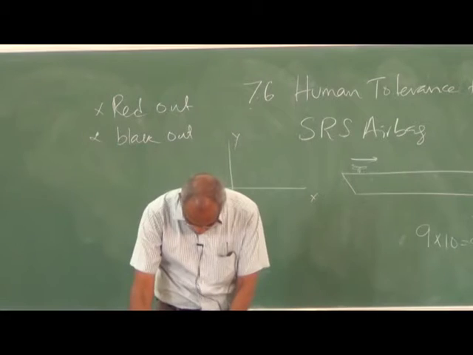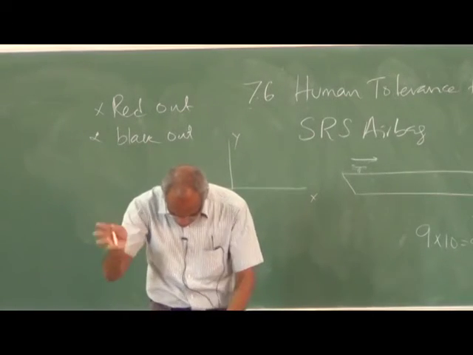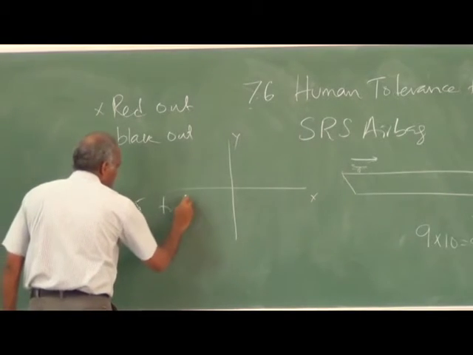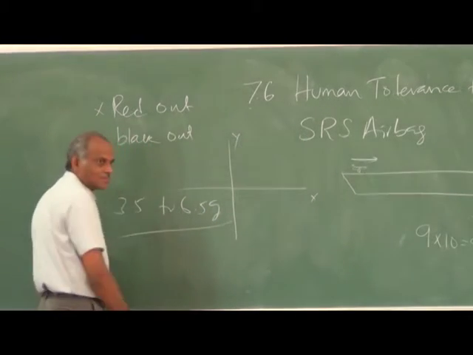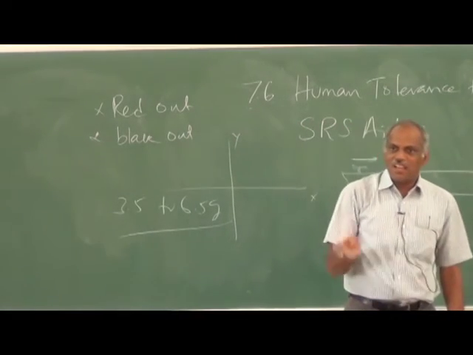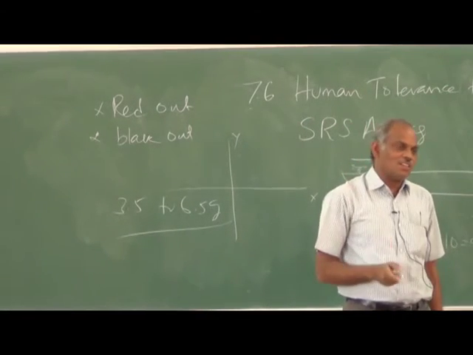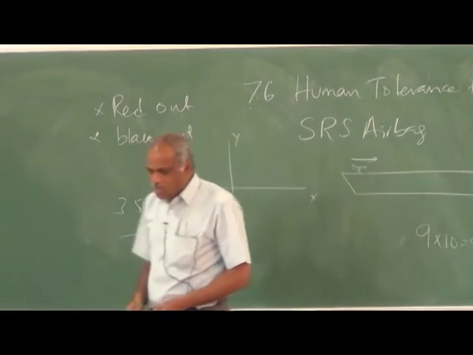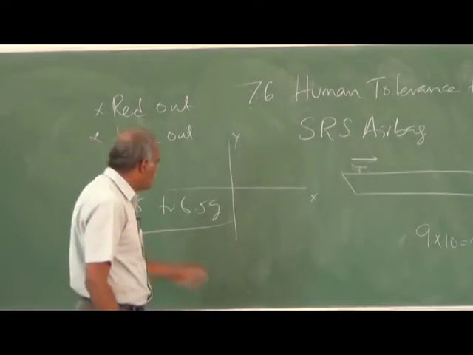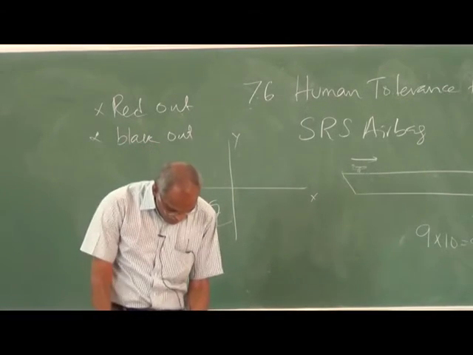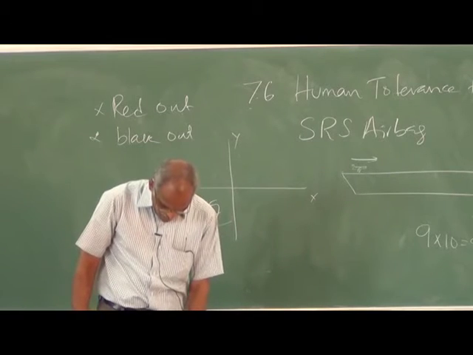So what is that? Roller coasters, 3.5 to 6.5 G. Each state may have a law saying that the roller coaster in this state cannot subject the customer to more than say 3.5 to 6.5 G. So there they limit.